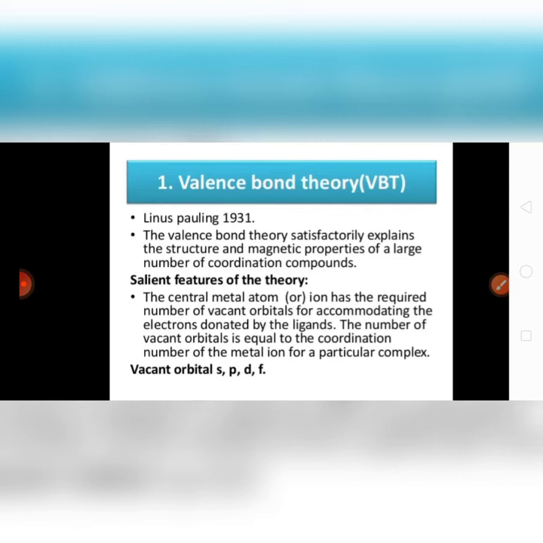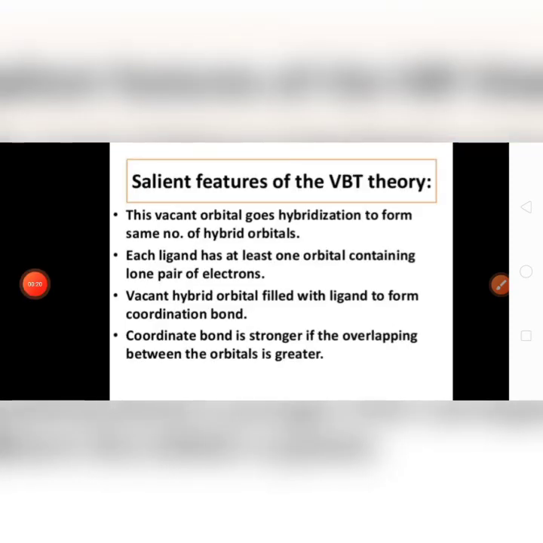The number of vacant orbitals is equal to the coordination number of the metal ion for a particular complex. Here we have a few salient features of VBT. The vacant orbitals undergo hybridization to form the same number of hybrid orbitals, meaning as many atomic orbitals as get mixed to be hybridized, the same number of hybrid orbitals we will get.